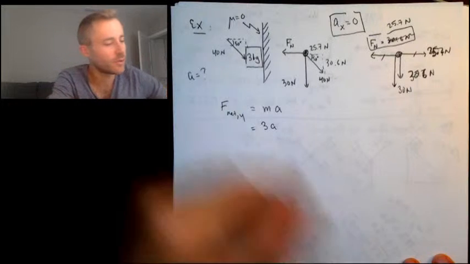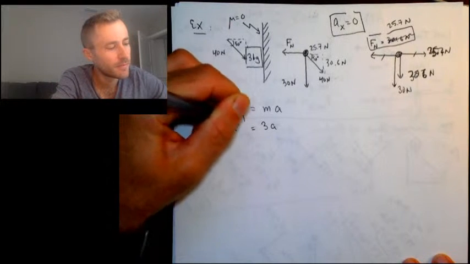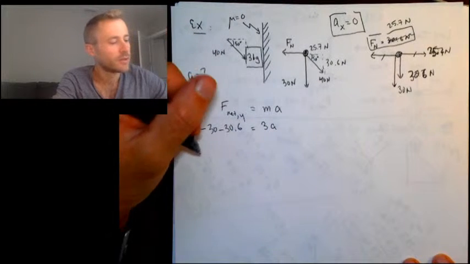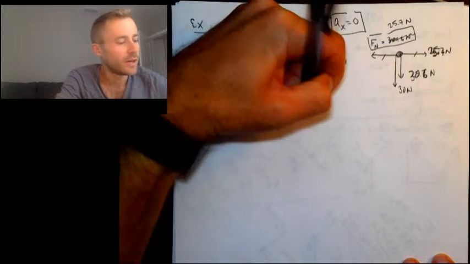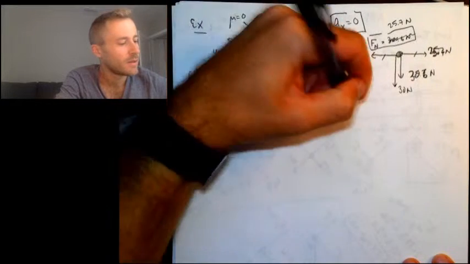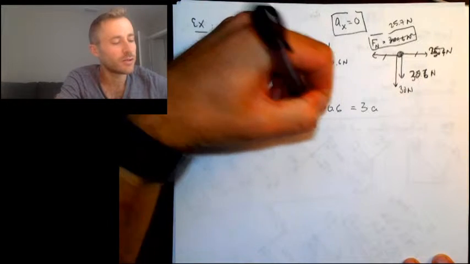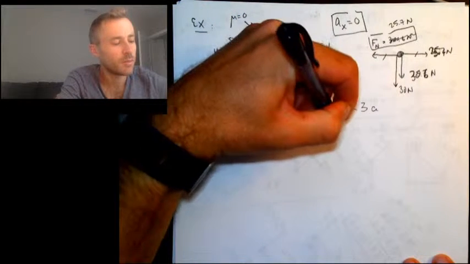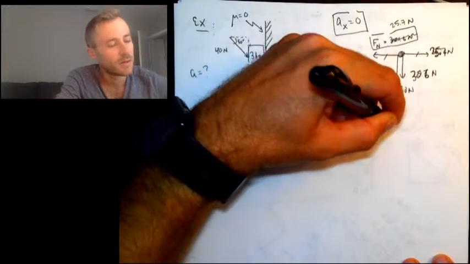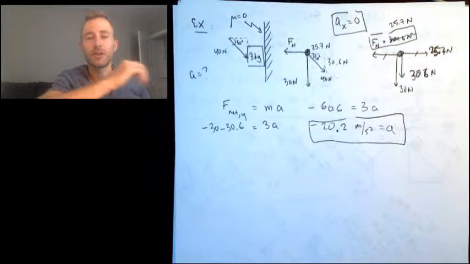Minus 30 minus 30.6, yep, because there's two downward forces, so they're both negative. So that means that minus 60.6 equals 3a, which says that the acceleration is minus 20.2 meters per second squared. Okay? So that's going to be our acceleration in this case.